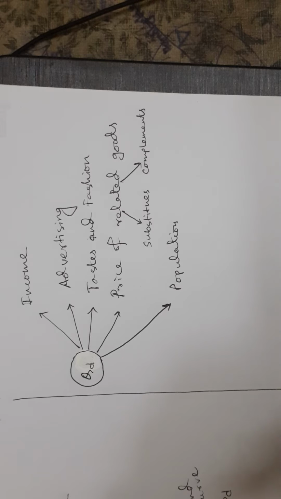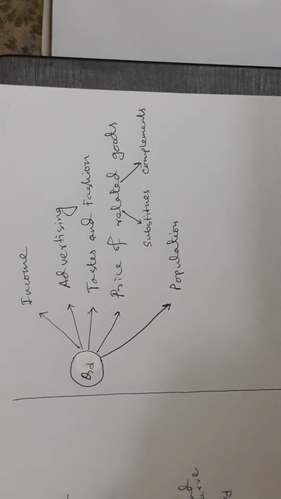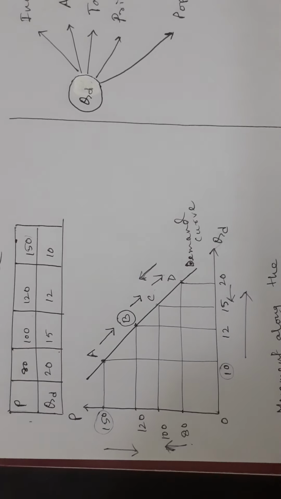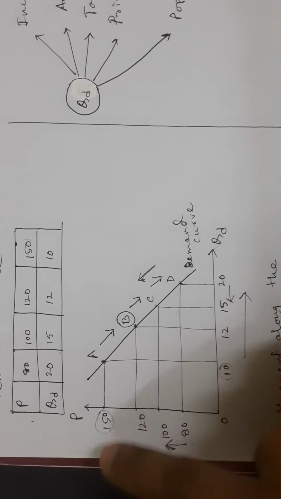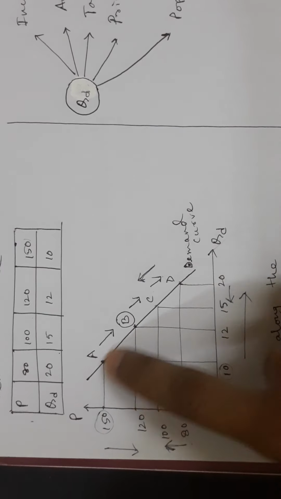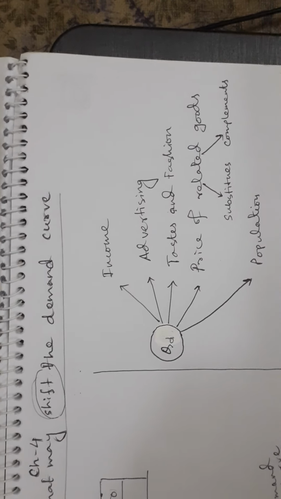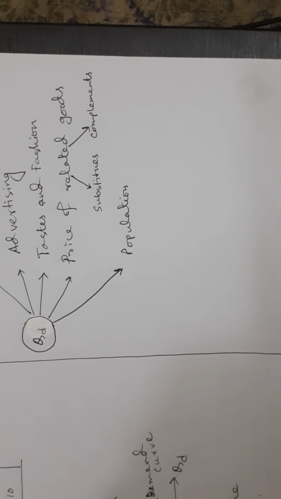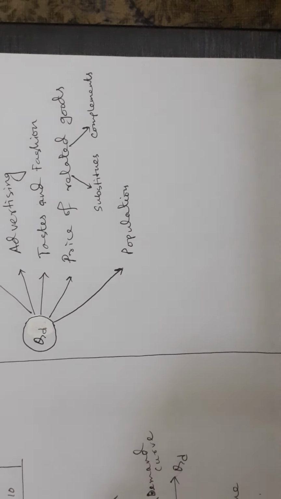Before going to any in-depth analysis, let's understand one thing. If only price changes, if price falls or rises, there is always a movement on the same demand curve. But if any of these other factors change, then it will not be a movement, it will rather be a shift.